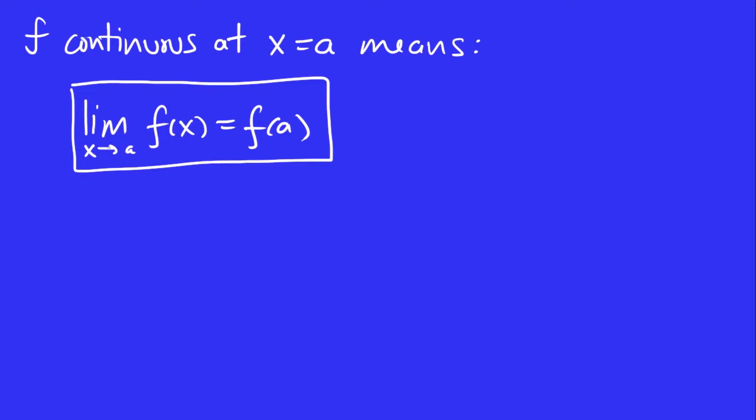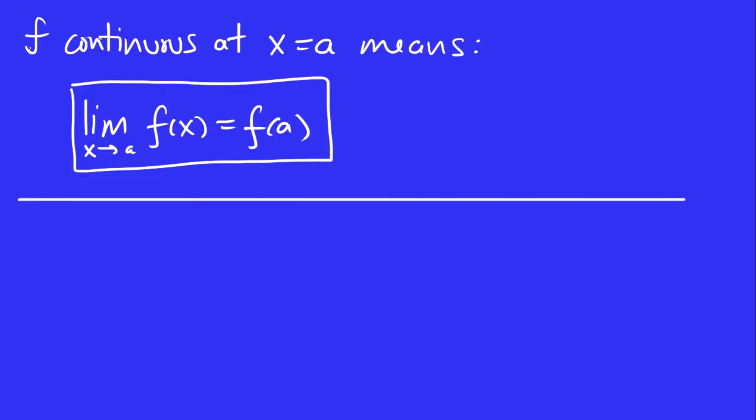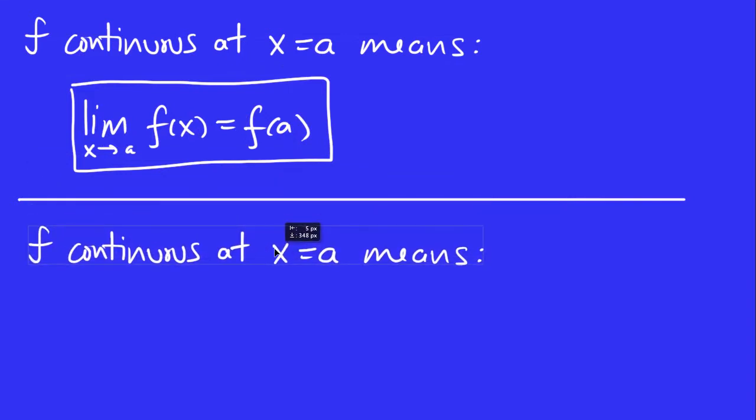I want to rewrite this definition to make it a little bit more clear. So let's say it again. I'll just copy this. I'm going to say this definition again, but I'm going to be a little bit more precise this time.